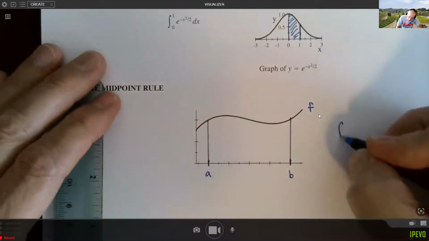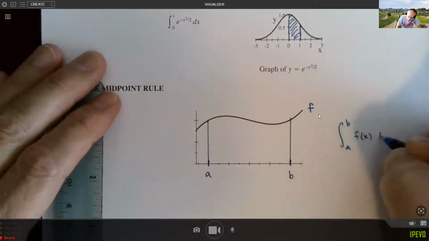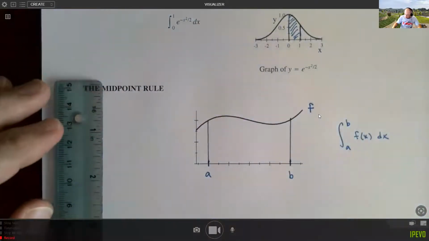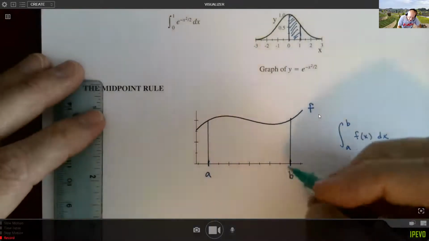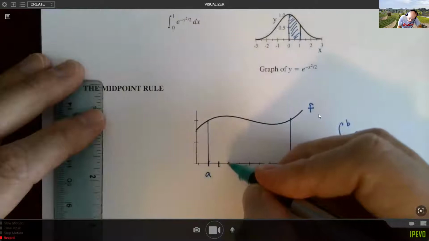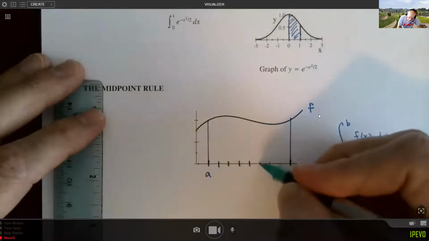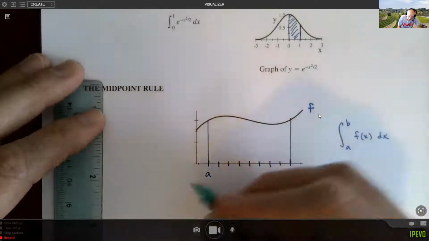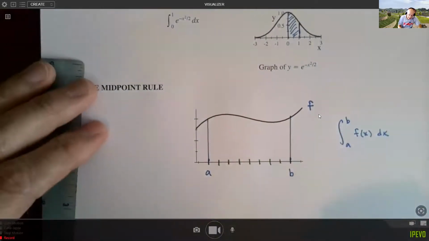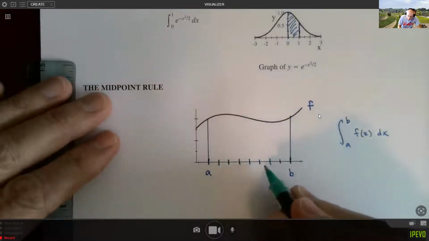So looking at the integral from a to b of this function. Well, what we do is we subdivide the interval into n equally spaced subintervals. We're going to use equally spaced. And so, in this case, you can count how many subintervals I have: 1, 2, 3, 4, 5, 6, 7, 8.